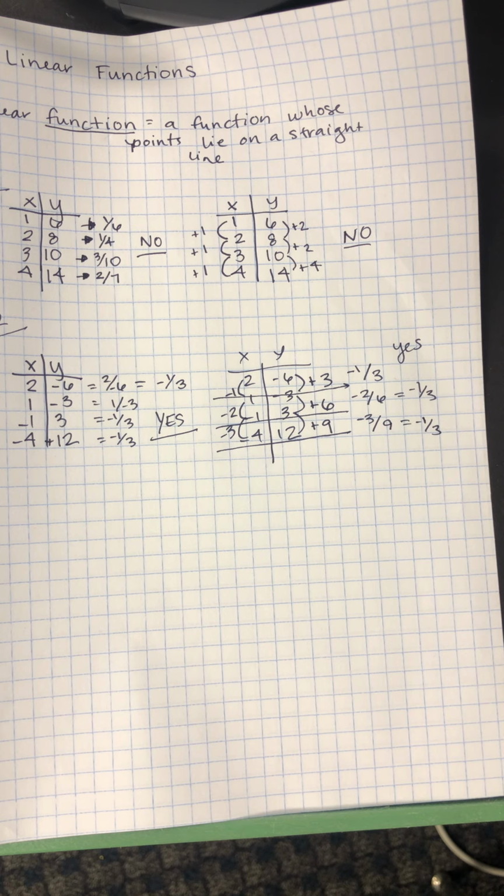There was no sequence, no pattern. But in this one, these all changed by -1. From here to here was -1, from here to here was -1. Over here, from this to this was up 3, this to this was up 3. So there was a pattern, so that's why I checked the ratio. Since there was no pattern, I knew the answer was going to be no, 100%.